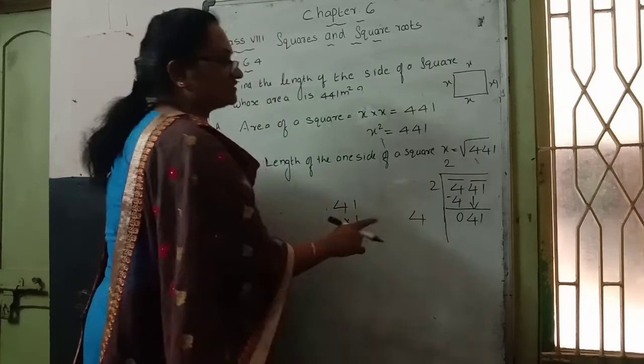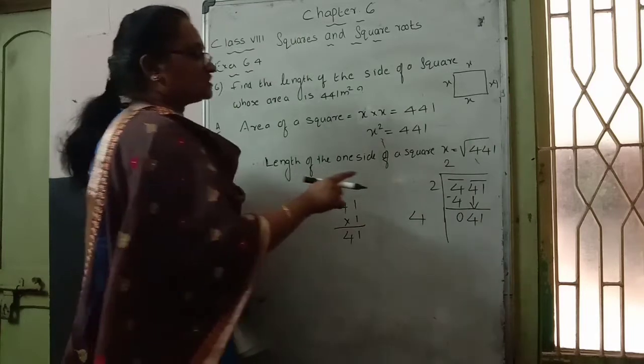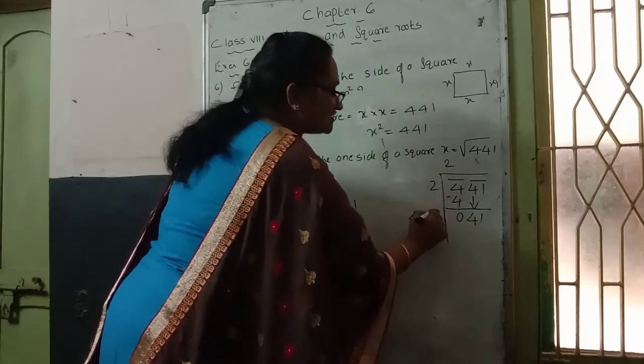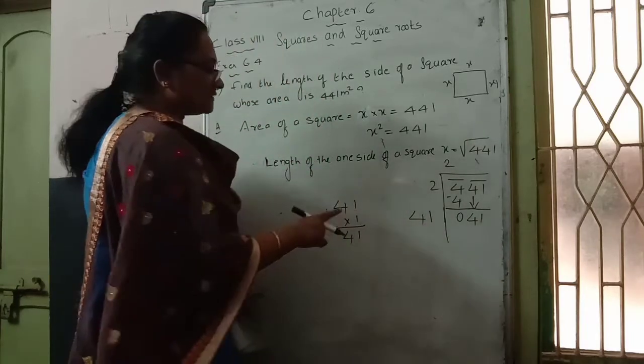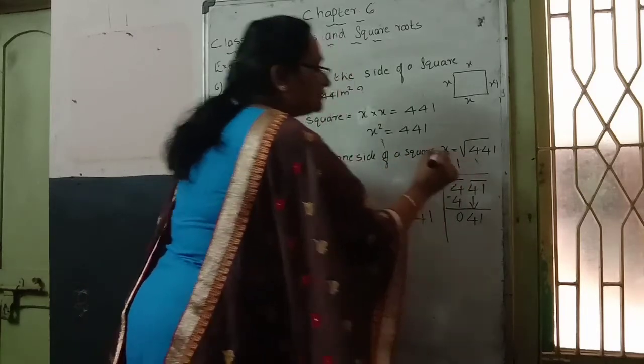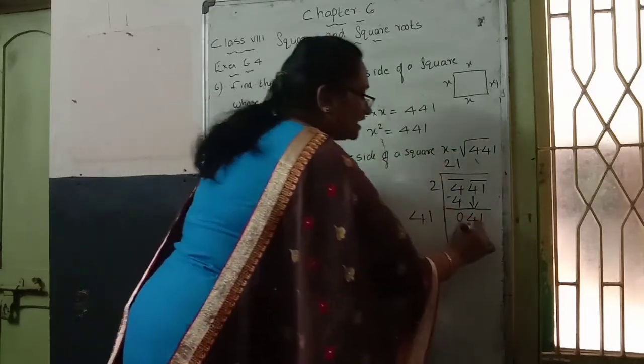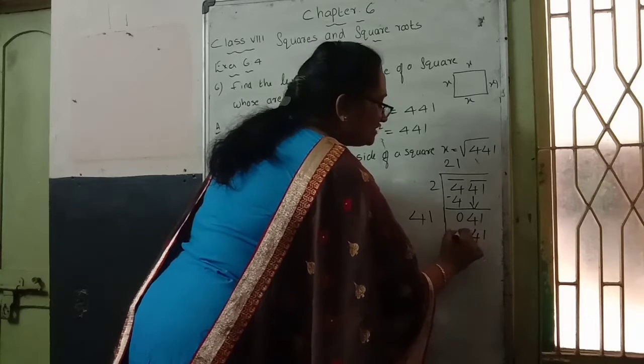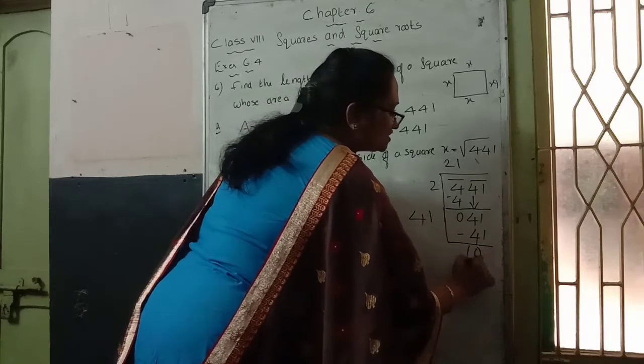What is the answer? We get 41. The product becomes 41. Then the subtraction gives the answer.